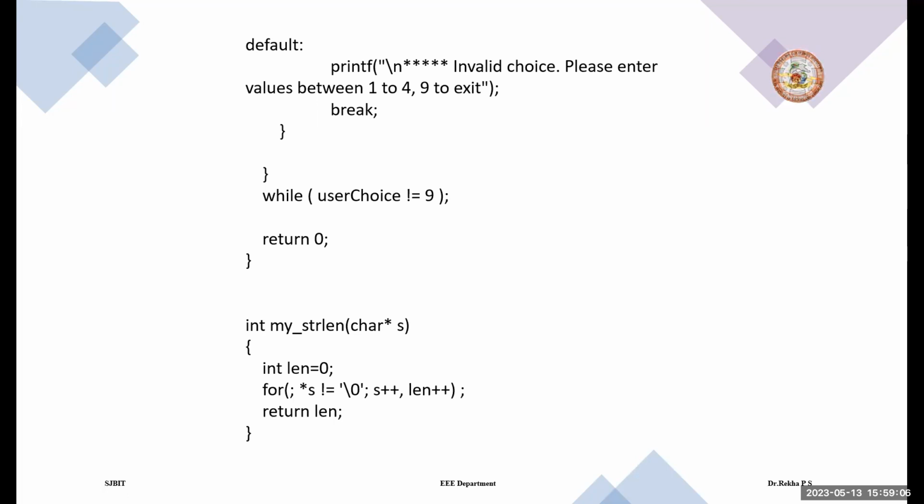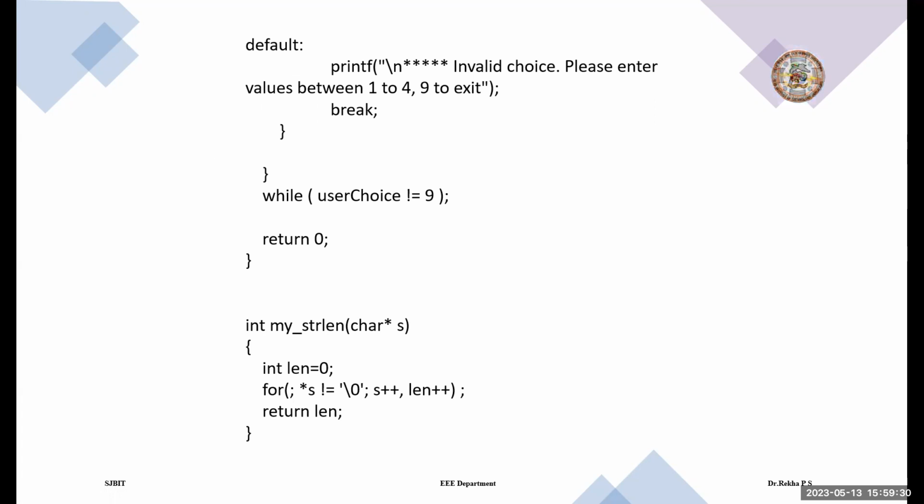Okay, safe exit. Otherwise, it will go to the default case. In default, I'm giving the information to the user that it is an invalid choice, so please enter values between 1 to 4 and 9 to exit. This is the information I'm printing on the screen. After printing default, it will come out of the switch.